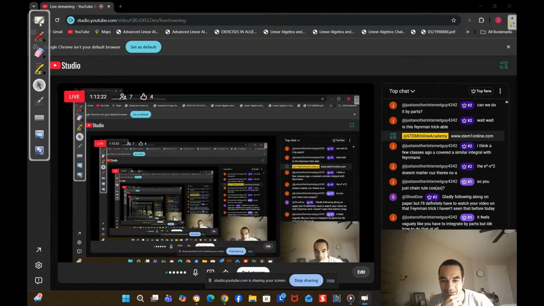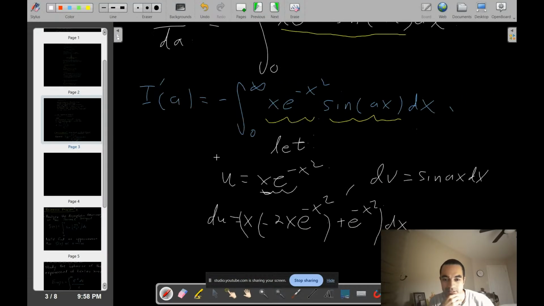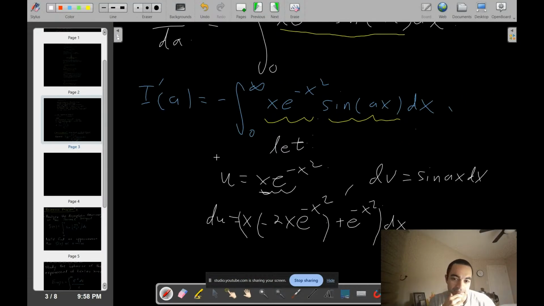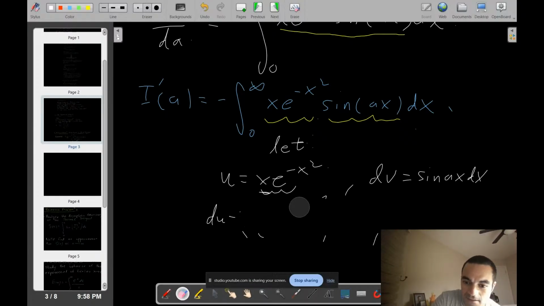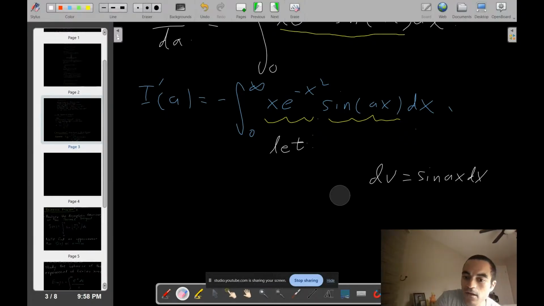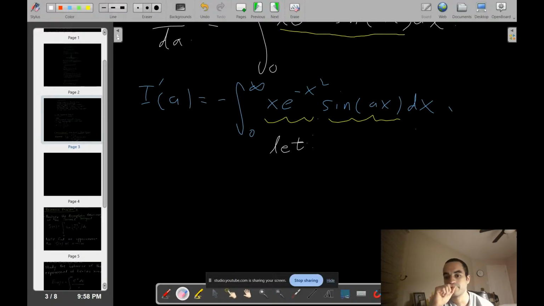Any ideas on how to integrate this monster? If anyone can tell me right now how we integrate this.